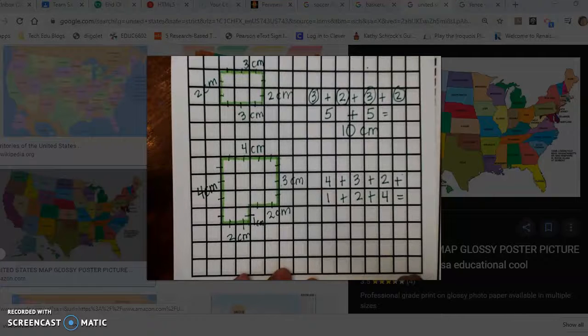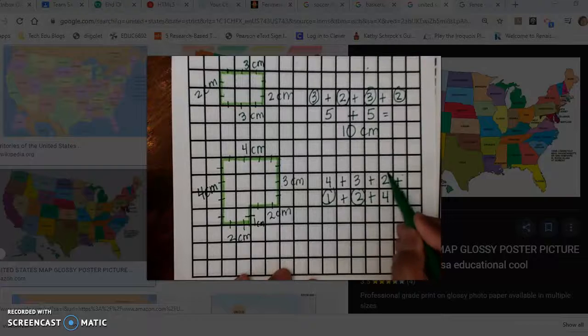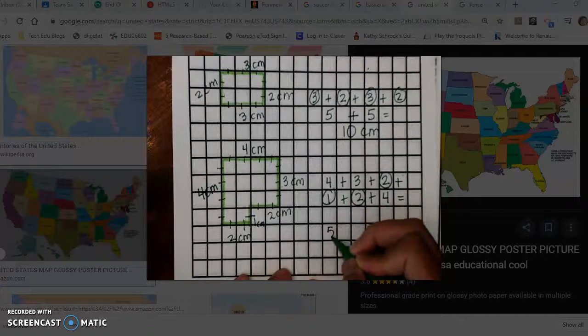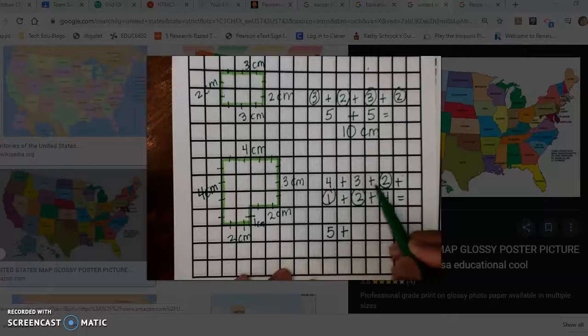For example, I'm going to start by adding this 1 and this 2, and I think I'm even going to add this 2 right here. 1 plus 2 plus 2. Well, I know 2 plus 2 is 4, and then adding one more equals 5. So I'm going to write that 5 plus, I'm now going to put in all these other numbers that I didn't add yet.